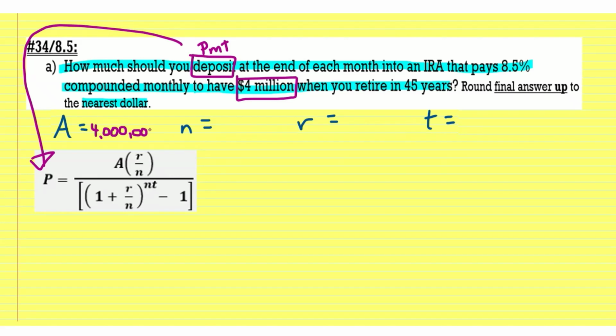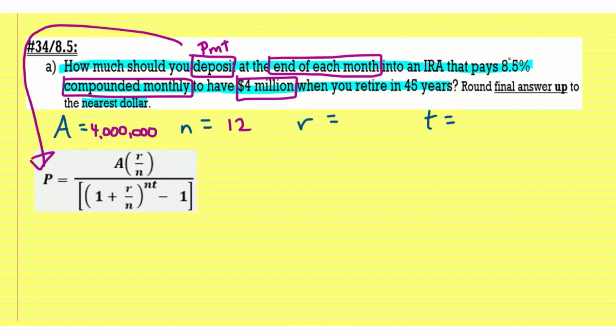And then we also need to find our N number, which is the number of compounding periods. It says compounding monthly. It's also how often we are going to make the payments. The compounding number and how often we're going to make our payments is the same thing. And how many months are in a year? Well, there are 12 months in a year.